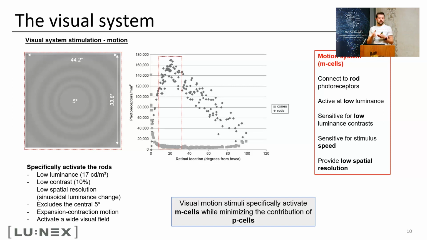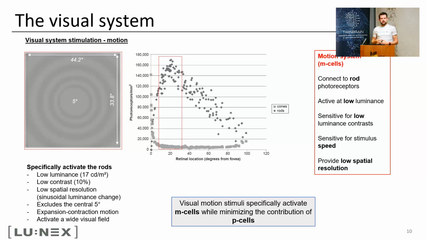Okay, so we have the color contrast system, black-white, chessboard pattern reversal could be a classic stimulus for that, sharp edges, white and black, a lot of contrast. We have the blue-yellow or the red-green for the color system. Okay, so dependent on what you want to investigate. I will show you later some examples because we did this, for example, with athletes. And these motion stimuli where you have these expanding and contracting circles for the motion stimulation.